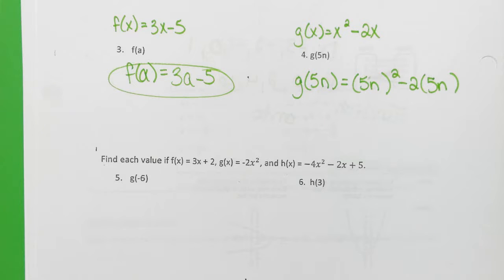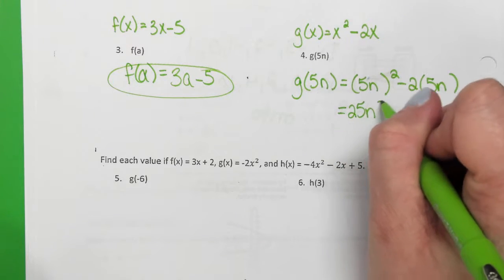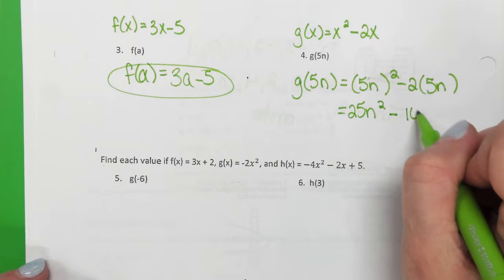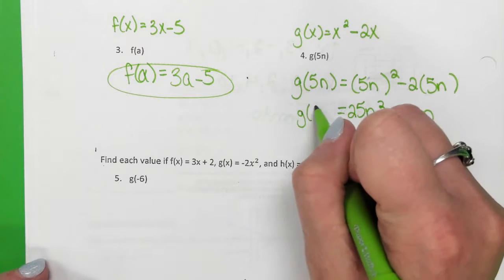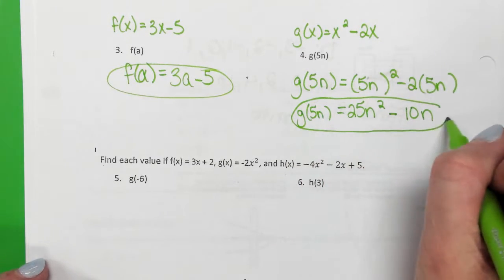Y'all okay? All right. Ooh, 5n squared, 25n. Perfect. Because I used parentheses, it is 25n squared. Perfect. And then minus 10n. Are y'all okay?